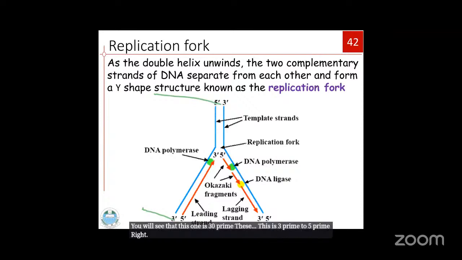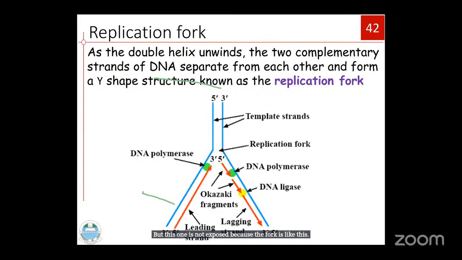So it is easy for replication to start from the 3' to 5' end. But this one is not exposed because the fork is like this. The replication fork is like this.